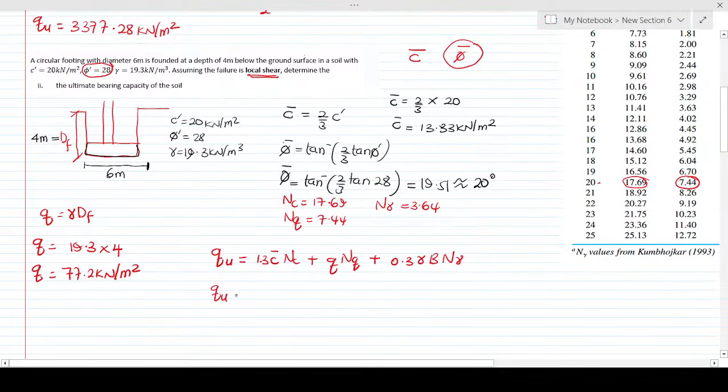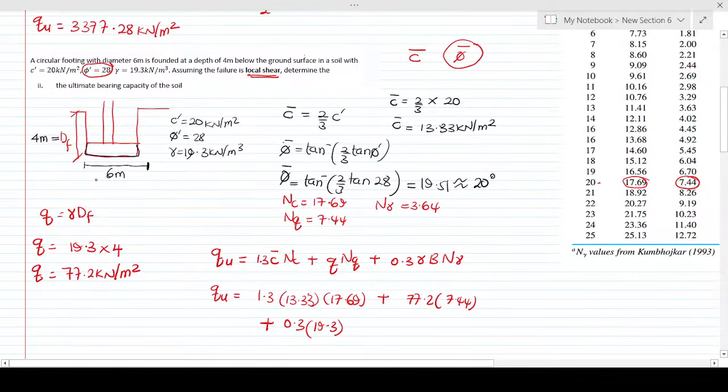So I can go on to find the ultimate bearing capacity. 1.3, C bar we had to be 13.33, NC is 17.69, plus Q, which we had as 77.2, NQ is 7.44, plus 0.3, gamma is 19.3. B is the diameter.